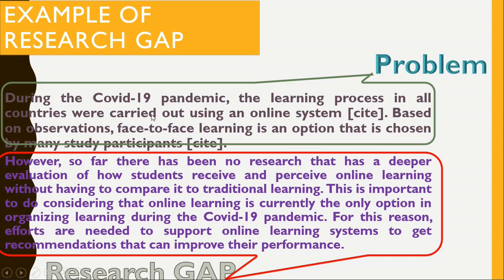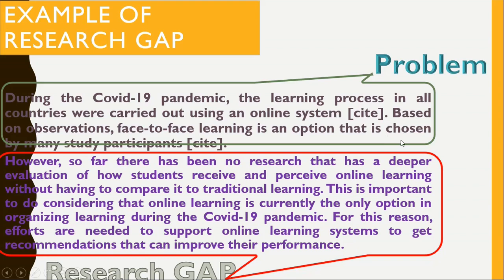I state this statement based on literature review, so we need to cite the literature regarding this statement. I recommend you cite not only one but maybe two or three pieces of literature.